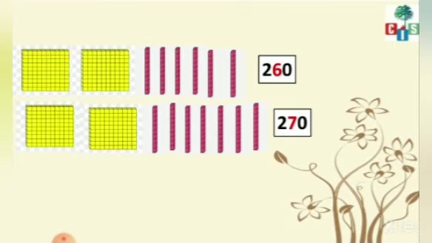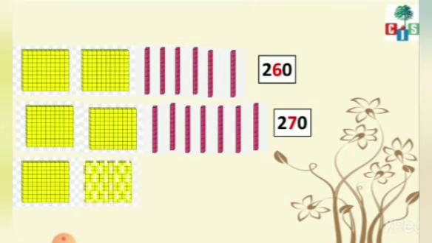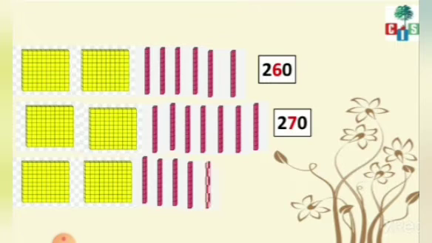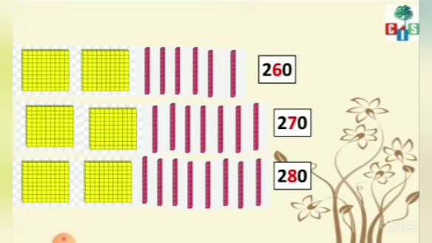Now let's move to the next one. 1, 2, 200. Now the tens, how many are we going to get? Let's count. 1, 2, 3, 4, 5, 6, 7, 8. So after 270, my answer will be 280. Are you getting it? Now let's move to the next slide.